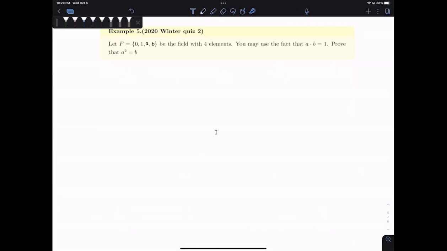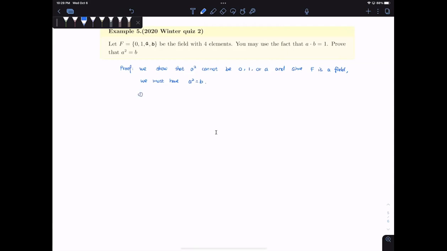So proof, we want to show, let's say we show that A square cannot be 0, 1, or A. And since F is a field, we must have A square equals B. So that's what we need to do.